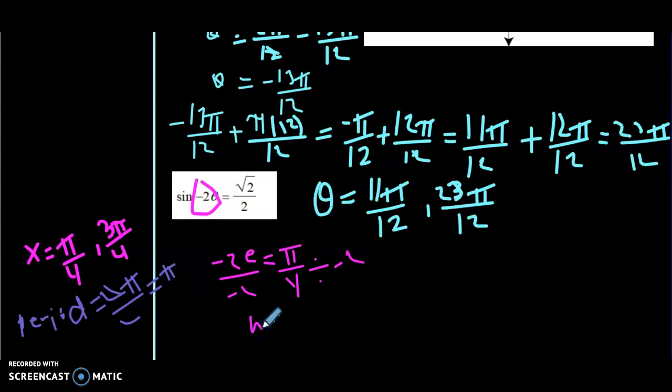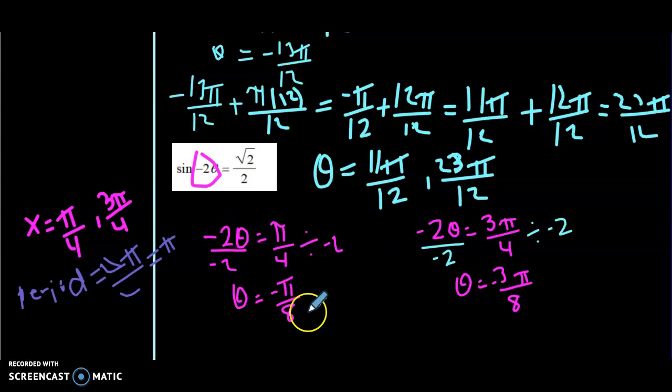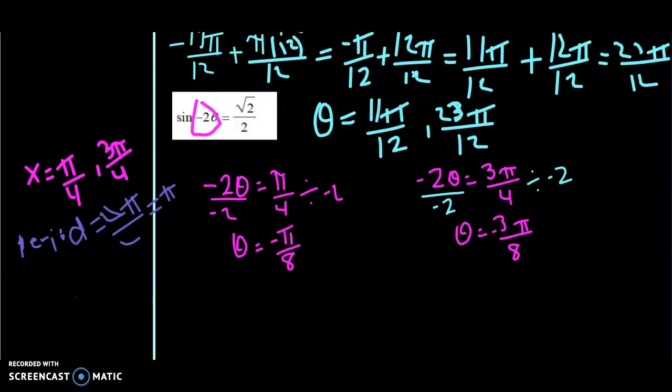So we have that theta equals negative pi over 8 and theta equals negative 3 pi over 8. Now, if you notice, both of them are negative, so I still need to add to my period.